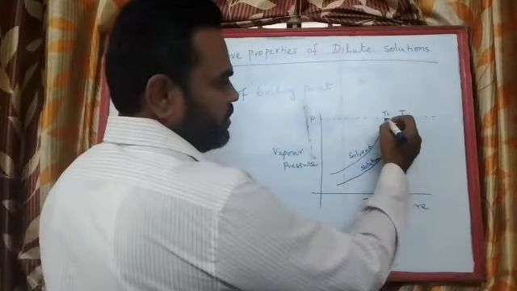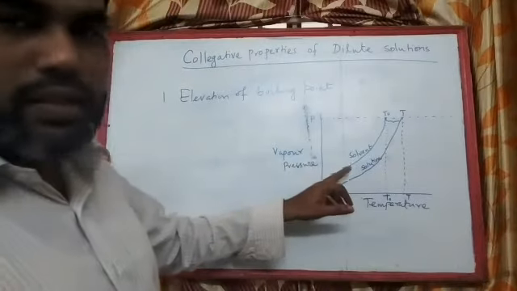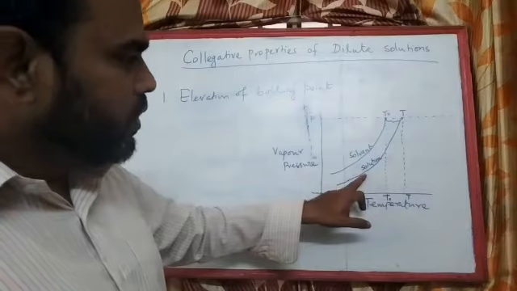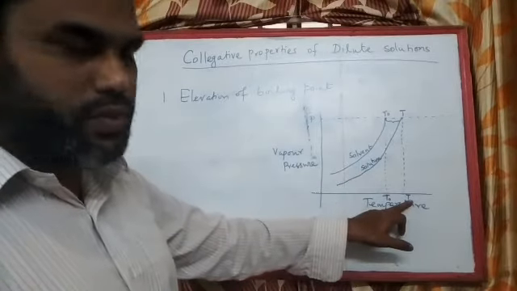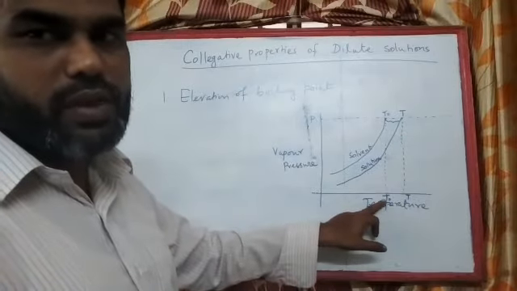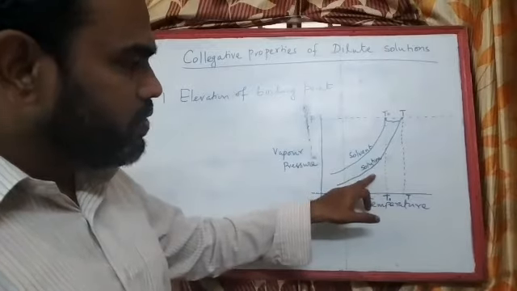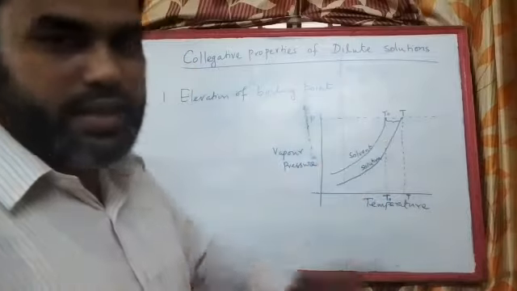You can observe that the boiling point of the solution is greater than that of a pure solvent. So upon adding a non-volatile solute into a solvent, the boiling point increases.